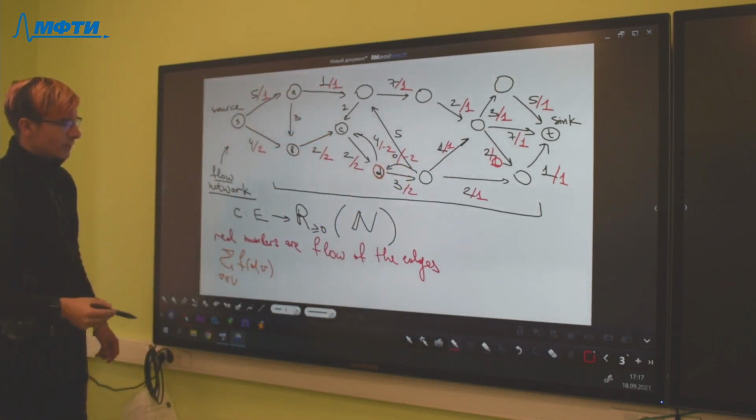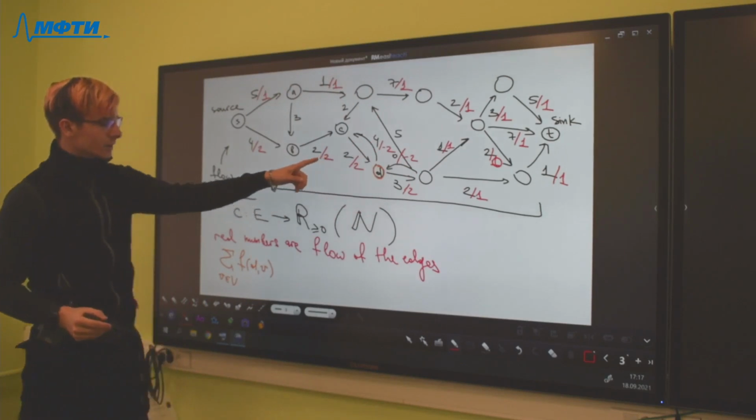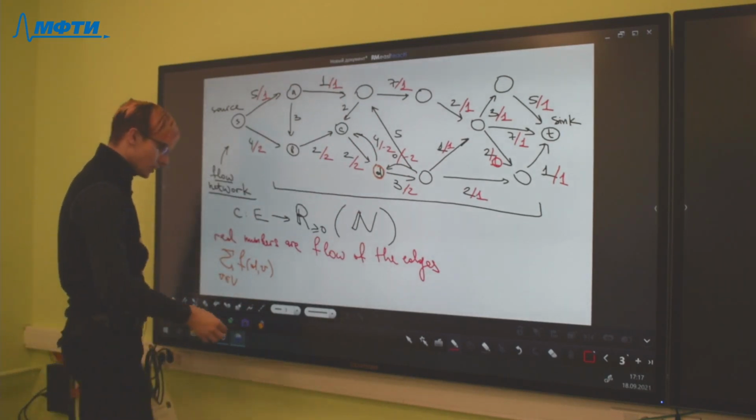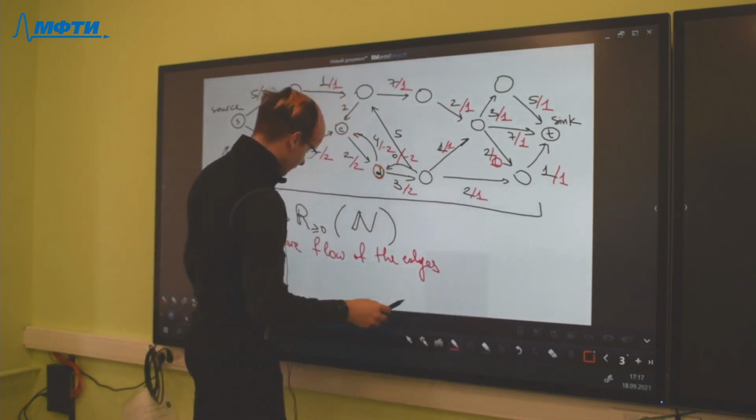So if we sum all of the edges incident on vertex D, it will be equal to 0.